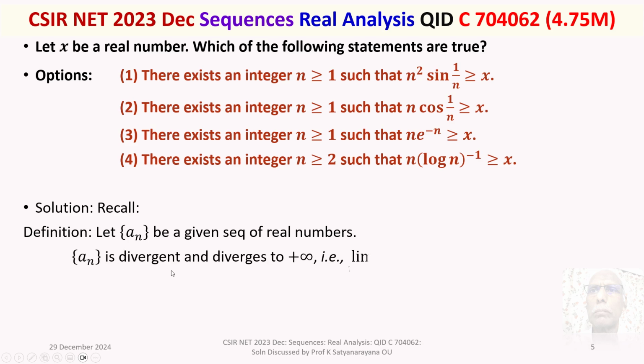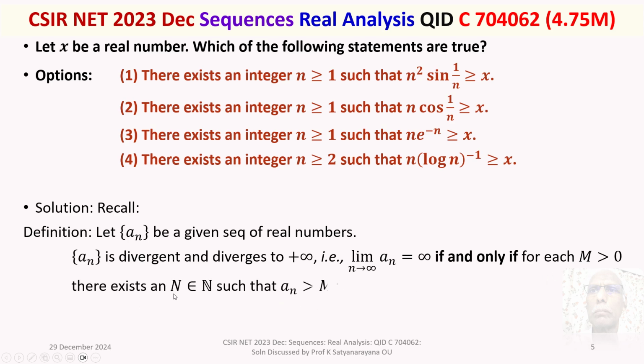The sequence an is divergent and diverges to plus infinity, that is, limit n tends to infinity of an is infinity, if and only if for each m greater than 0 there exists an integer capital N belonging to the set of natural numbers such that an is greater than m for all n greater than or equal to capital N.